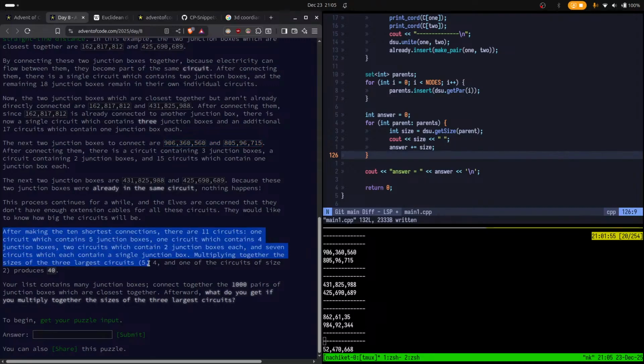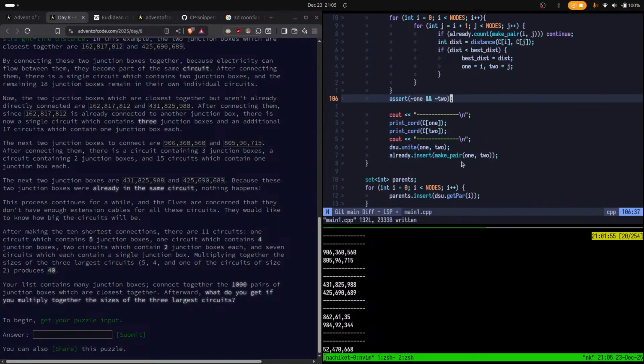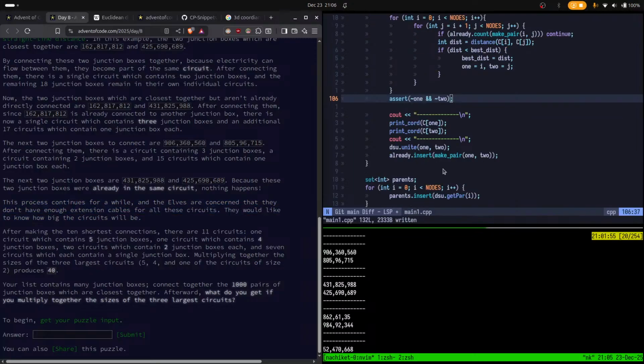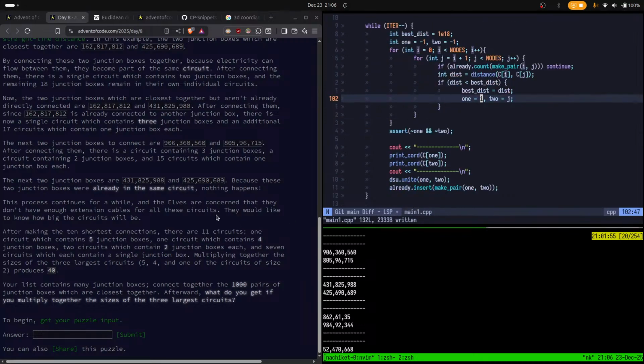After making 10 shortest connections, this would happen 10 times instead of just a while loop. Internal implementation, not creating any connection. The 10 shortest circuits.